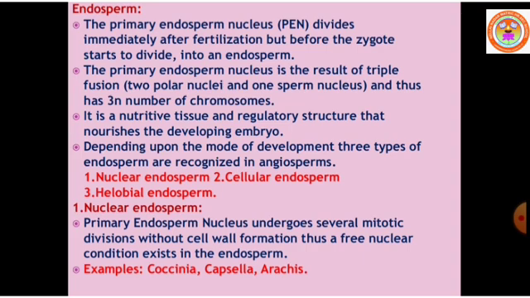What are the three types? The first one is nuclear endosperm. The second one is cellular endosperm. The third one is helobial endosperm.